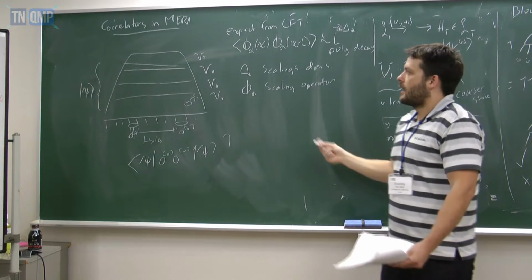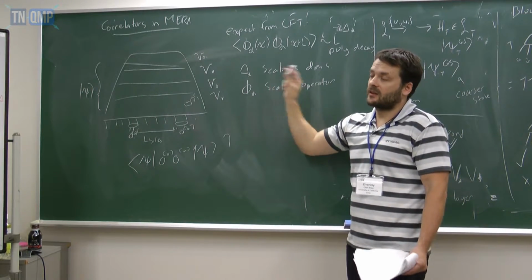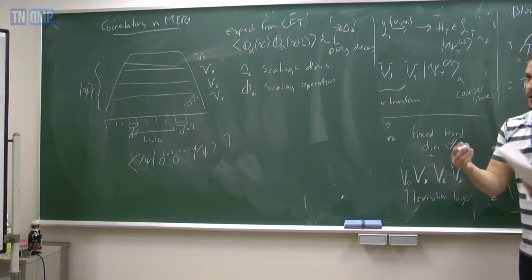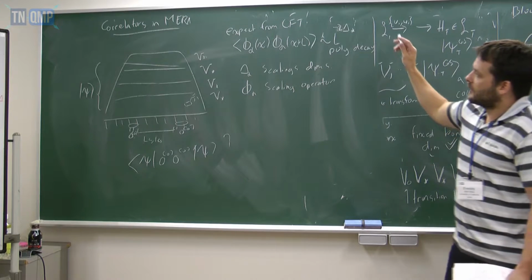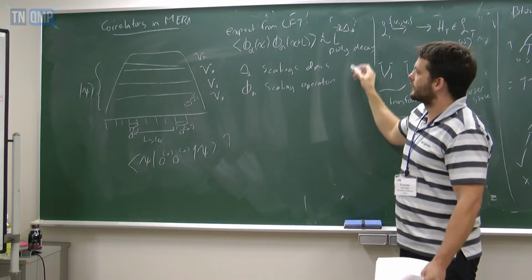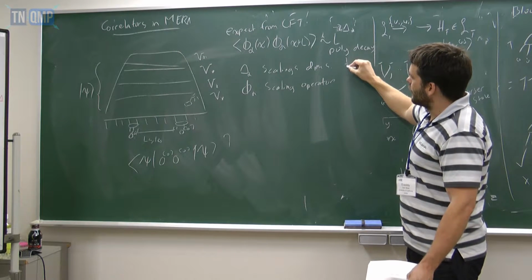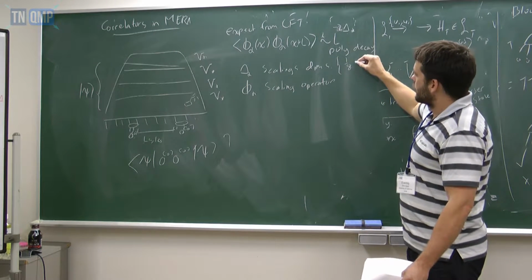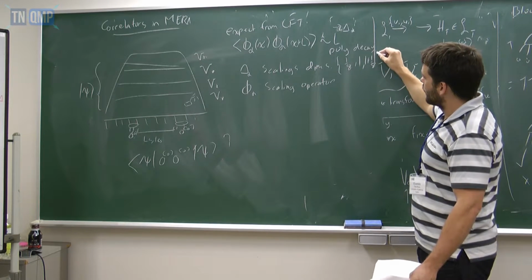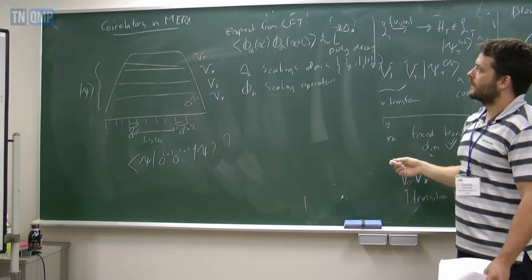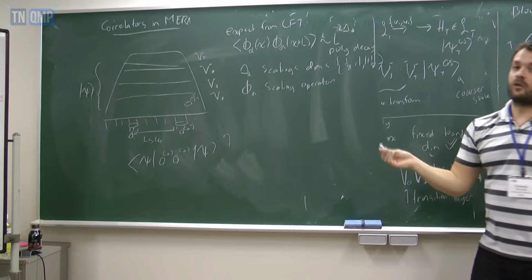And in particular, any CFT has a discrete spectrum of scaling dimensions. So in a critical system, I have polynomial decay, but I only have a discrete set of powers. For the Ising model, I have 1 over 8, 1 plus 1 over 8, etc. So there are only certain exponents of the polynomial decay for each CFT.